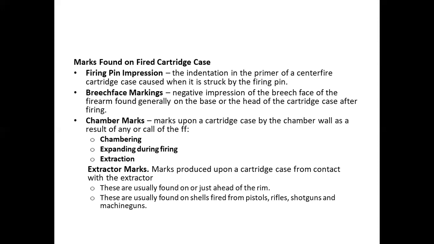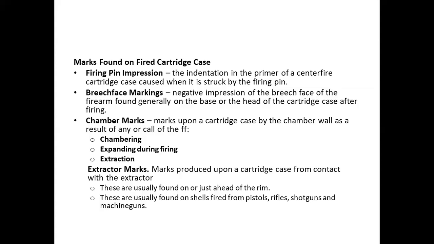Extraction marks are marks produced upon cartridge case from contact with the extractor. And then these chamber marks are usually found on or just ahead of the rim. These are also usually found on shells fired from pistols, rifles, shotguns, and machine guns.